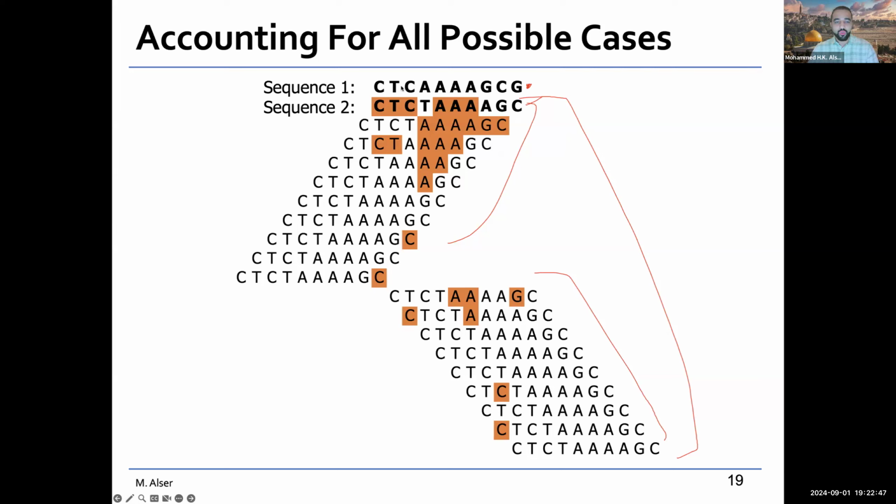So when we do pairwise comparison between this and this, we see that there are 3 matches over here, and another 3 matches over there, and the rest are mismatches. But when we compare the first sequence with this little sequence over there, we see no matches at all, and then we have 6 matches.